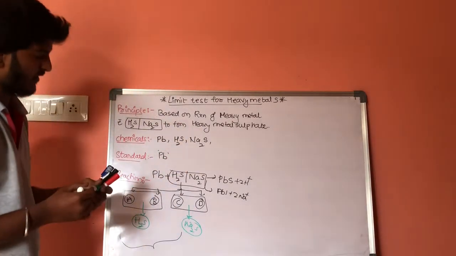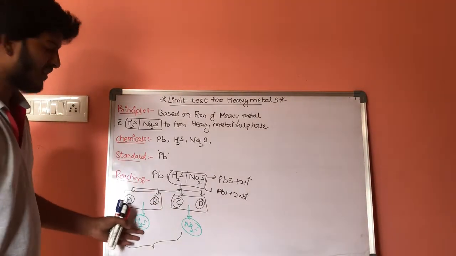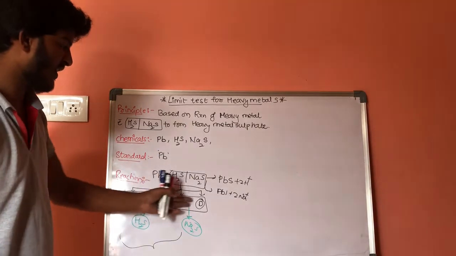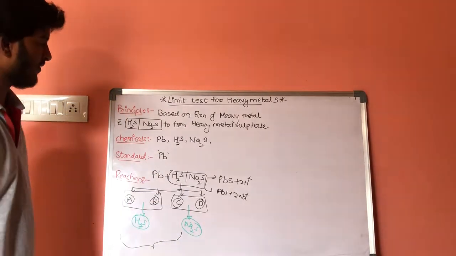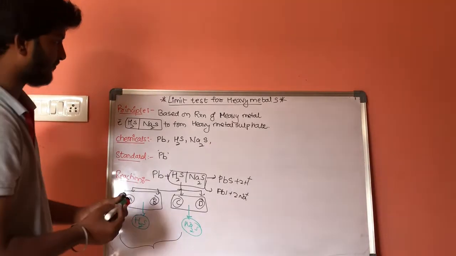This is the difference between method A, B and C, D. Now, what are these methods A, B, C, D?